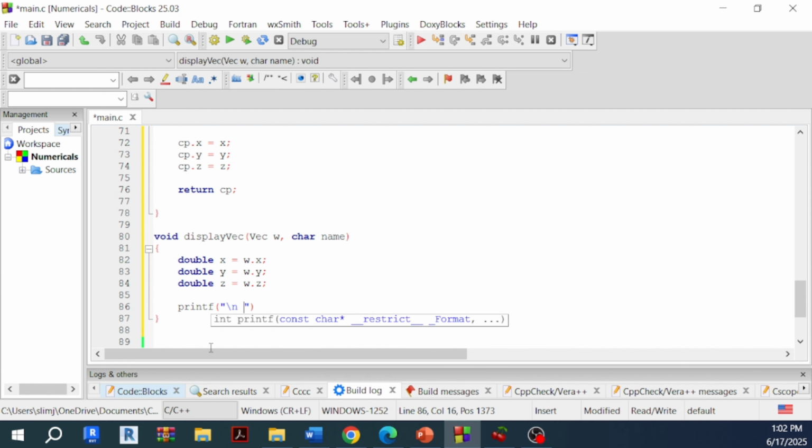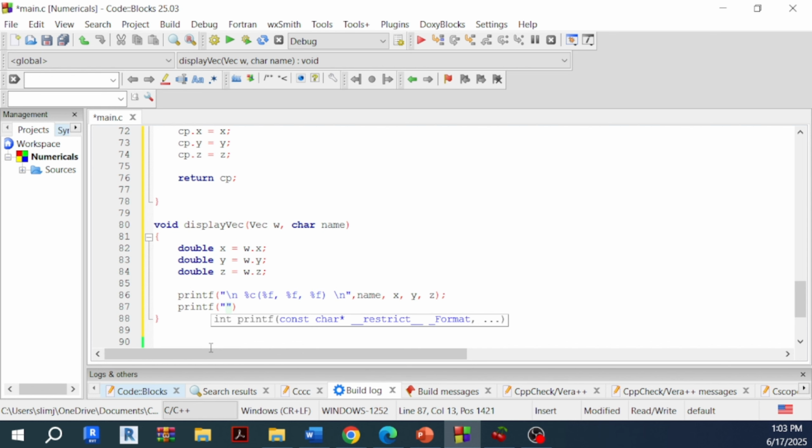Printf percent c, which is the name of the vector, percent f, and the first argument is the name, which is a character, then x, y, z. I will display this same vector using a different type of presentation.